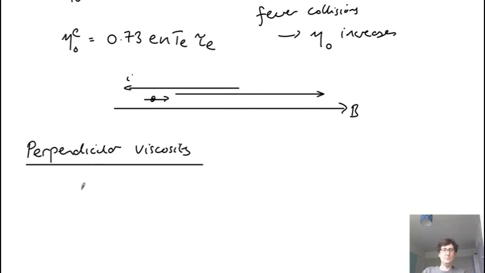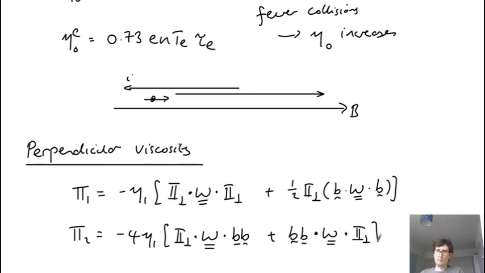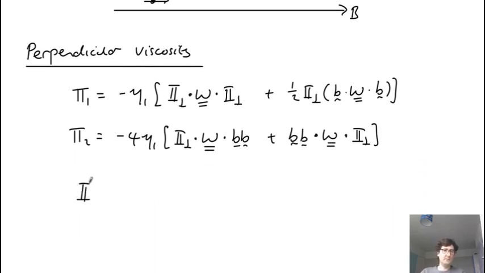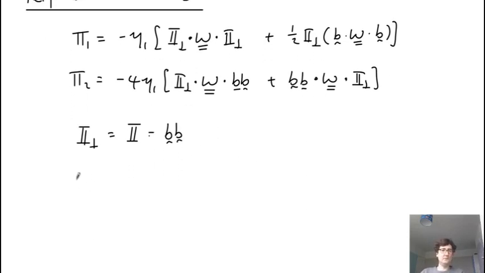And there are two parts to this, pi 1 and pi 2. Where here this I perpendicular is the identity minus the parallel part, so it's the delta ij, the perpendicular part, minus the parallel part, so minus bb. And this W is the rate of strain tensor.